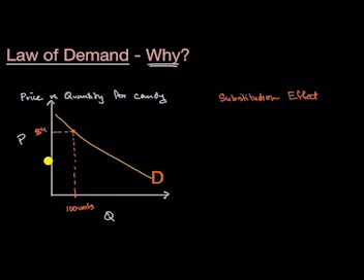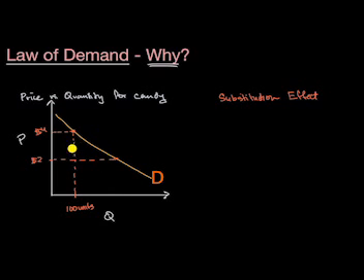That if the price were to then go to $2 for some reason, well then a lot of folks could say, gee, that candy is looking a lot better relative to other things that I might buy with my money. So for example, people might be picking between candy and fruit.